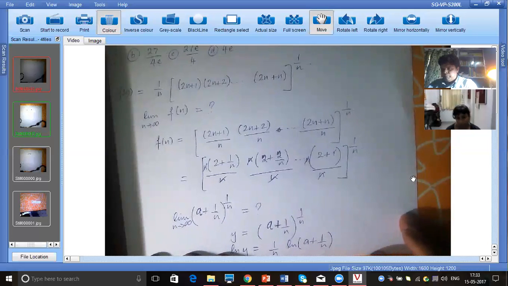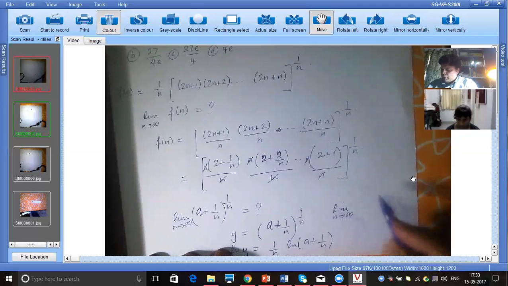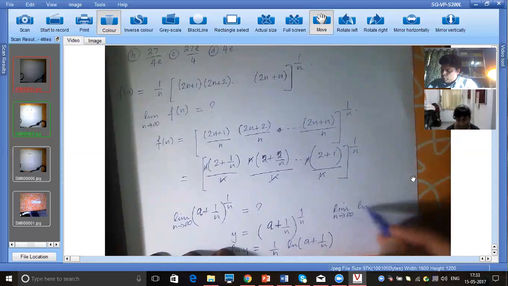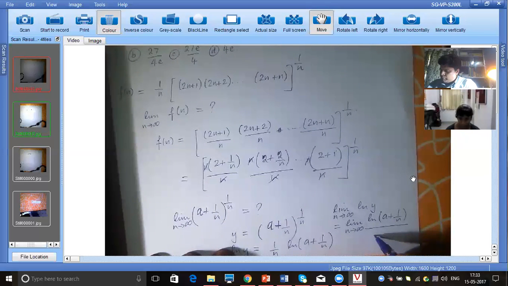Fine? Now the limit as n goes to infinity of log y is equal to the limit as n goes to infinity of log of a plus 1 by n divided by n.